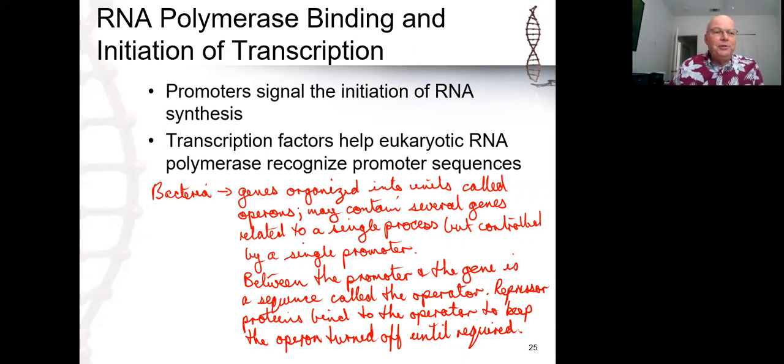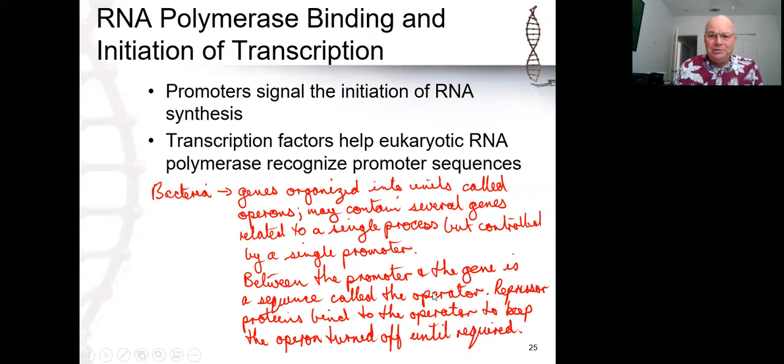So in the presence of tryptophan, the repressor protein is active and blocks the operon. Because if you've got tryptophan, you don't need to make it. But when tryptophan is absent, the repressor protein becomes inactive and the operon is active and transcribed. So that's the bacterial system in terms of initiating transcription and controlling the initiation of transcription.